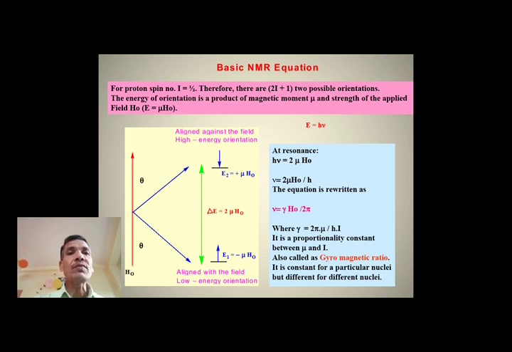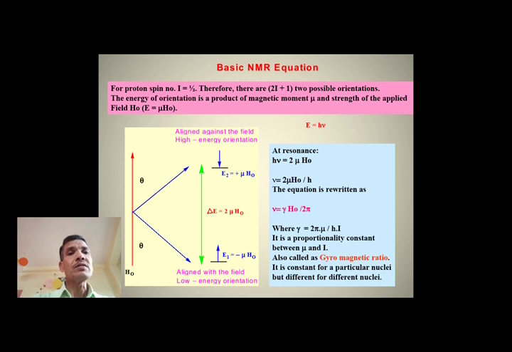The energy of an orientation is the product of the magnetic moment mu and the strength of the applied magnetic field H0. Therefore, the equation of energy, E equal to h nu, can be written as E equal to mu into H0.